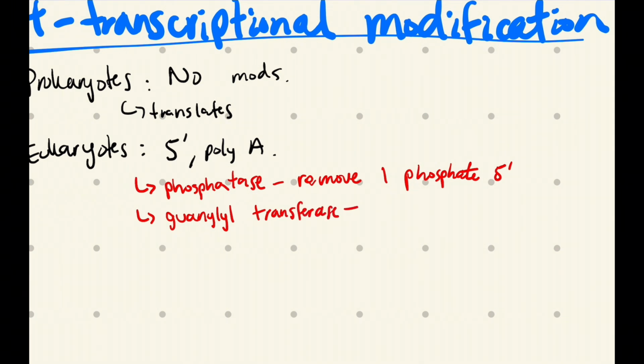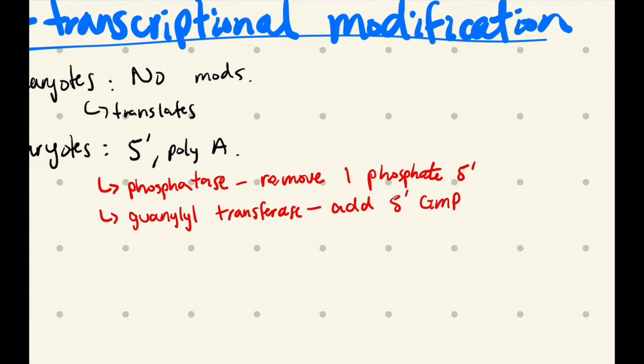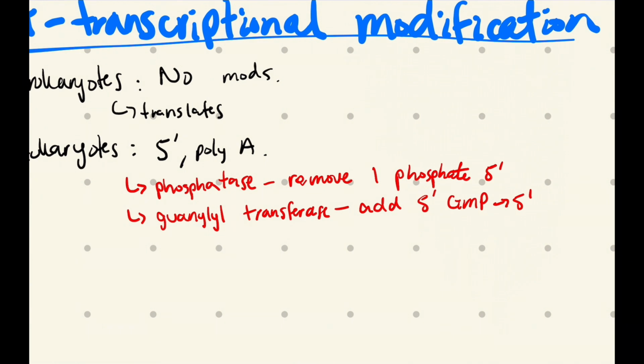And transferase obviously is going to transfer or add a GMP to that 5' area where you removed that phosphate from, right? So that's going to be called reverse linkage, just a fancy term for you're adding a 5' cap on, right?